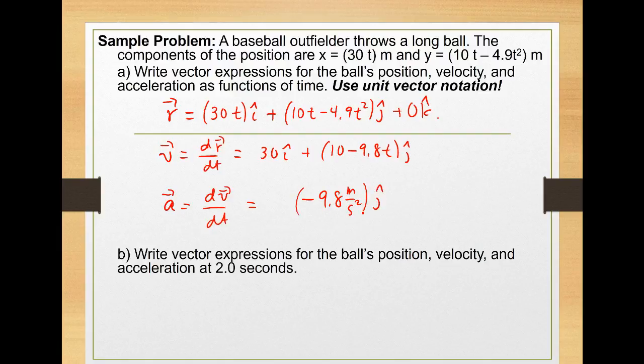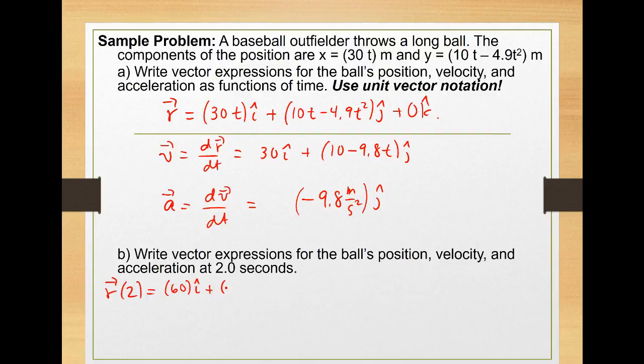Okay. And we want to write vector expressions for position, velocity, and acceleration at 2 seconds. So that's pretty easy. We just plug in r of 2. So r of 2 is going to be 60 i hat plus, that's going to be 20 minus 19.6, right? 4.9 times 4.